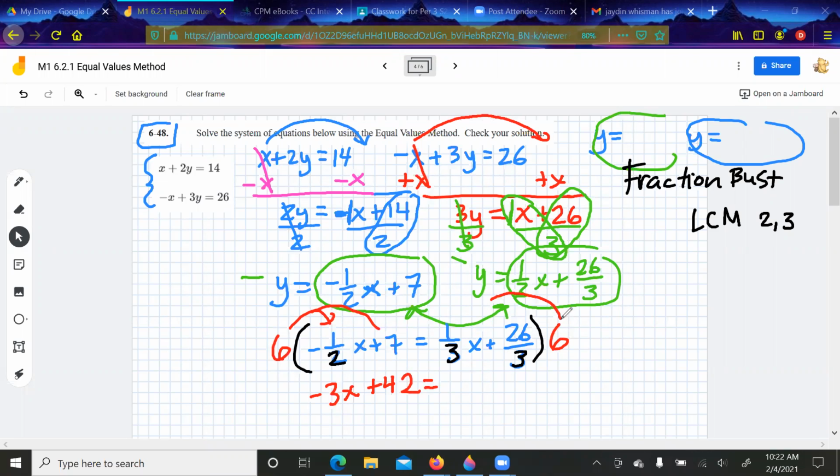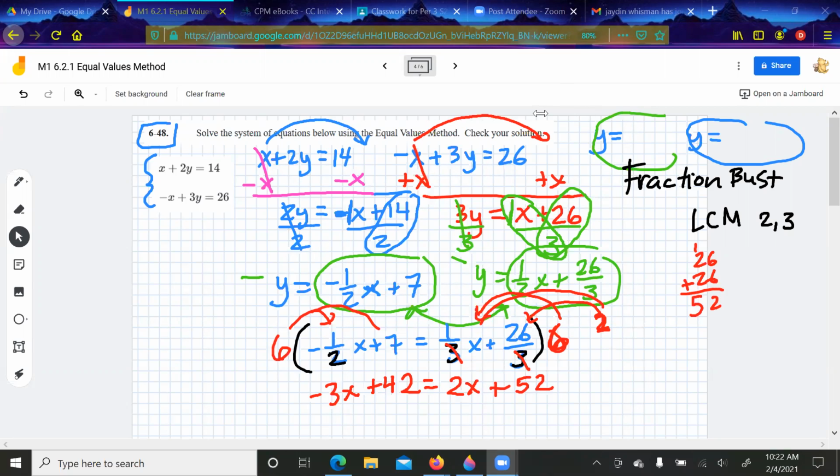When I multiply 6 times 1/3 x, the 3 goes into 6 2 times, so I get 2x, plus, and then when I multiply the 6 by this 26/3, that's easy too, because 3 goes into 6 2 times. So then I multiply 6 times 26, or 26 times 2, which is 52. So plus 52, fraction busted. All fractions are gone now that we multiplied it by the lowest common multiple.